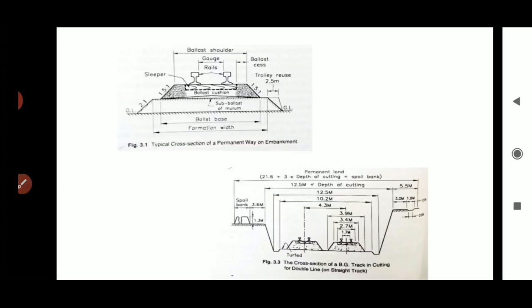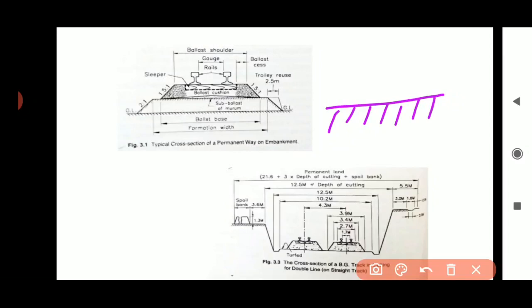So the formation can be in the shape of an embankment or a cutting. When the formation is in the shape of a raised bank constructed above the natural ground, it is called an embankment. For example, here this is the existing ground. Let us deposit additional earthwork over this natural ground and raise the ground level like this.